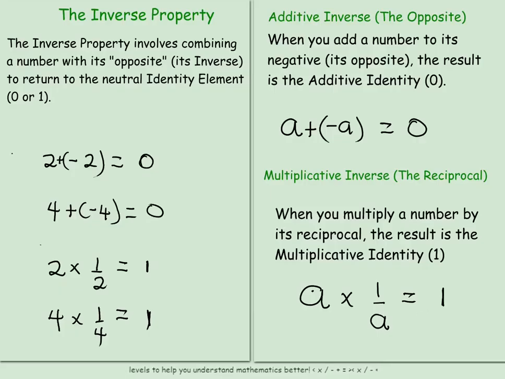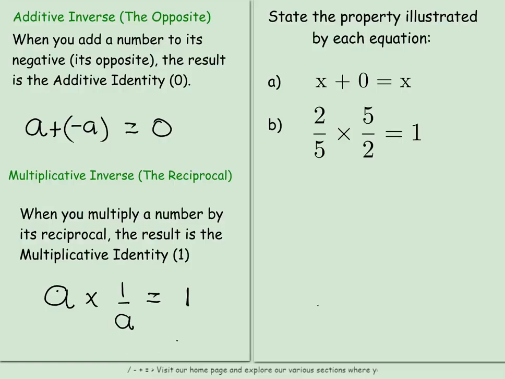Now let's look at some questions that involve these properties, just 3 of them, then we can end that. So these will be very, very simple. The first question says you have to state the property illustrated by each equation. So for the very first one, it says x plus 0 is equal to x.